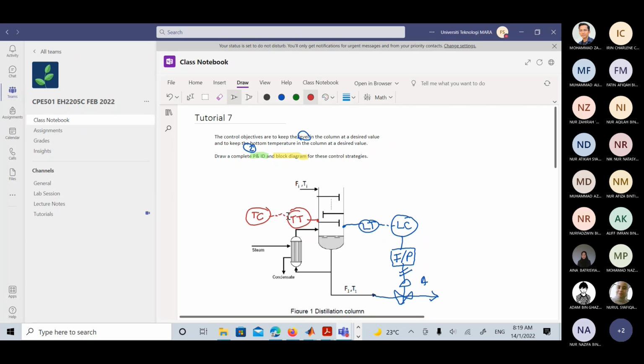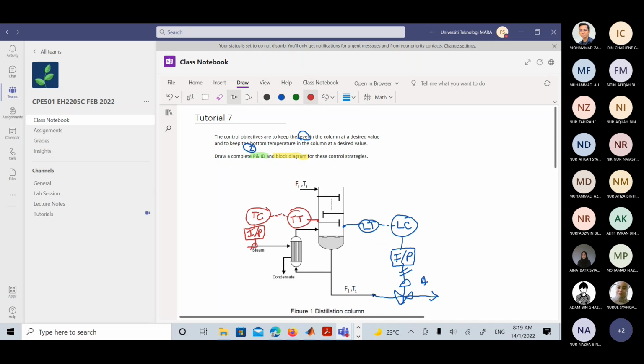Okay. After the decision has been made, for example, the temperature is below its set point, the temperature controller will send the information to the control valve. Before the control valve, because the signal received by the temperature controller is in current, we change it to pneumatic.